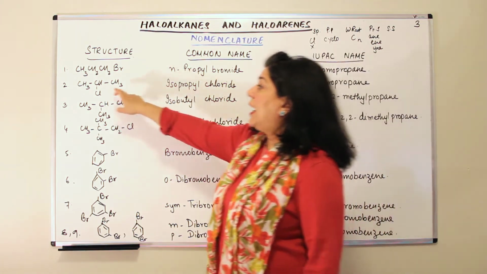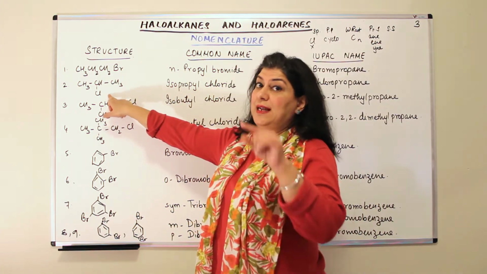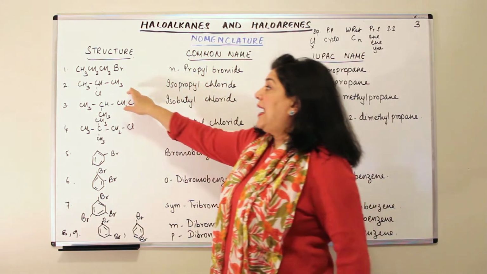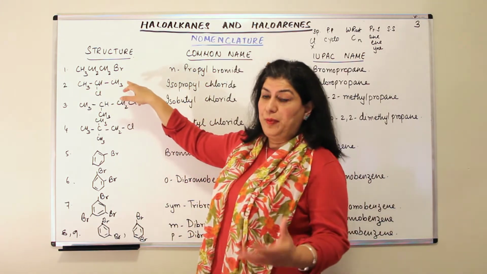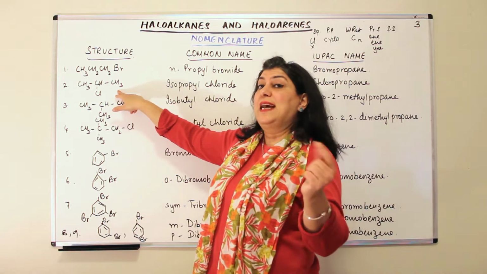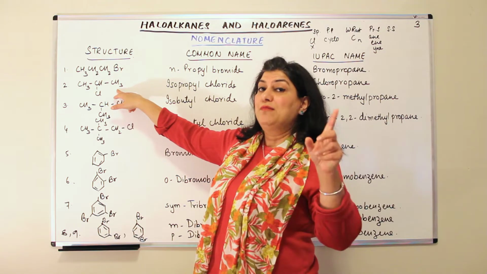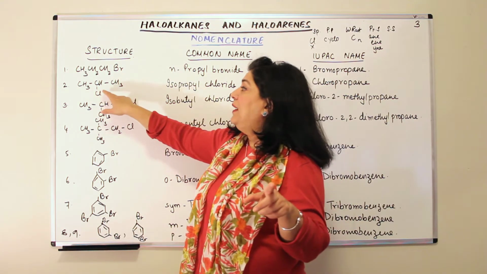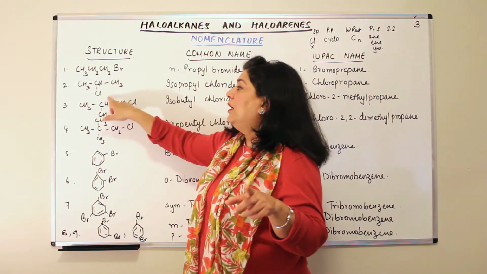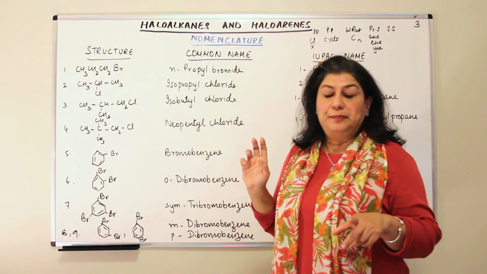So this becomes iso, which means that the chlorine is present on a branch and the compound is propane, so we will use it as one hydrogen less makes it propyl group, so it would be isopropyl chloride would be the common name.